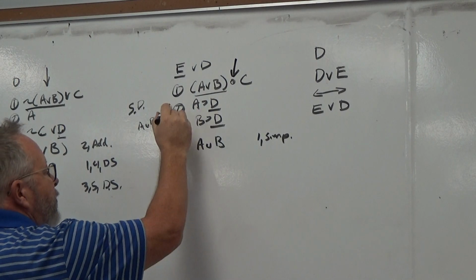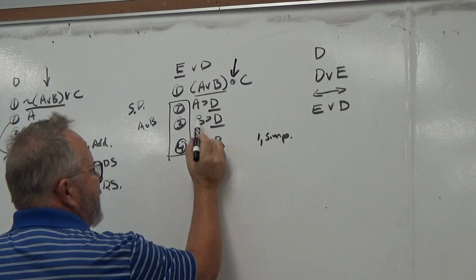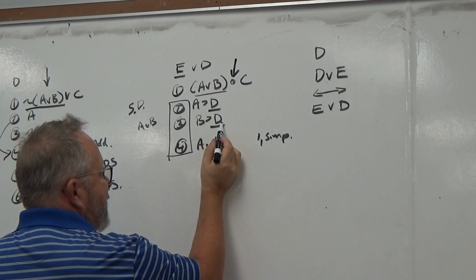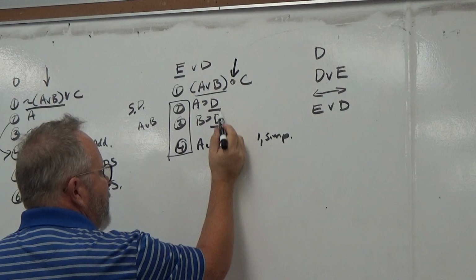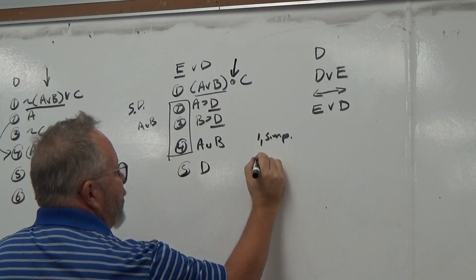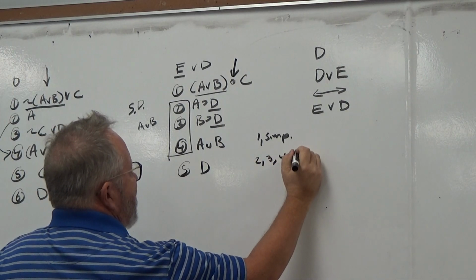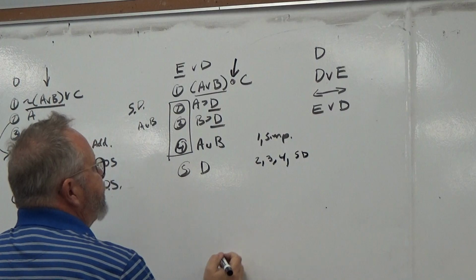Now look at 2, 3, and 4. A or B, if it's A, I get a D. If it's a B, I get a D. I have one or the other, either way I'm getting a D, so I'm getting a D. That's 5 from 2, 3, 4, and that's simple dilemma.